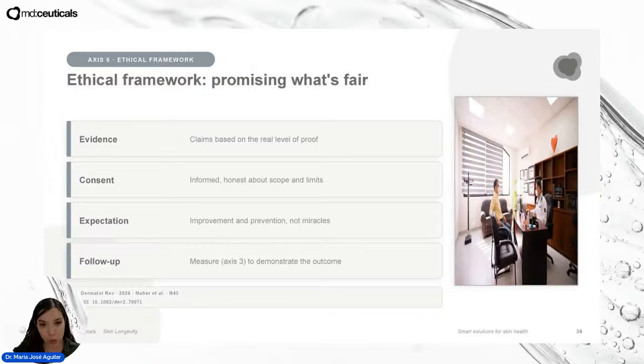We need to introduce our treatments in the longevity in our catalog, but we also need to give the proper follow-up. It's not the natural follow-up of a natural treatment, it's a different follow-up. So we need to make a molecular or a cellular follow-up to be sure the patient is going to be satisfied.